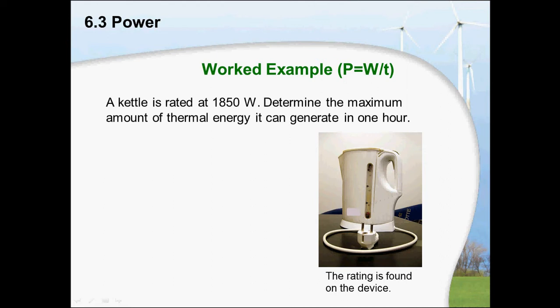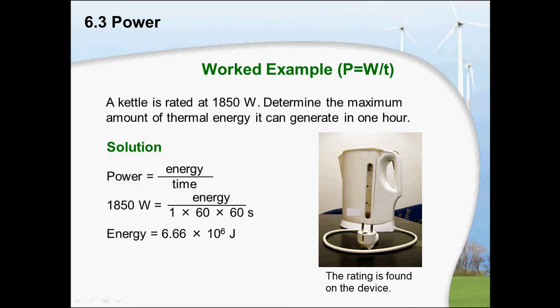So this question is not asking you for power. Instead, it's giving you the information about the power and the time. So they want you to find the work done. So if you rearrange the formula, you will realize that the energy is actually equal to the power multiplied by the time, because you are going to cross multiply this over here.